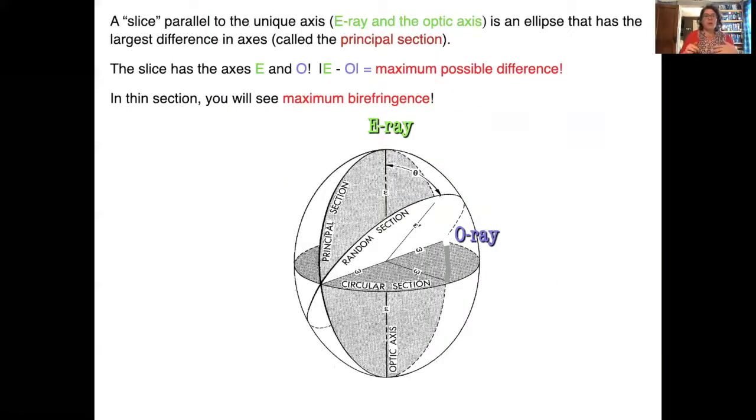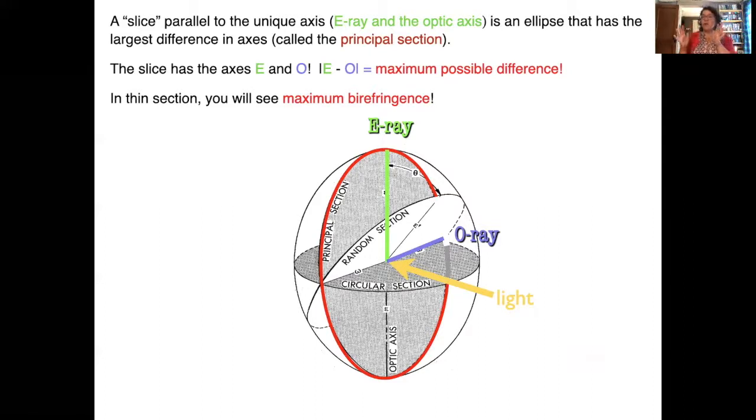Okay, a slice parallel to the unique axis, meaning light is traveling from right to left in this image, will see the O ray and the E ray, and you will see the principal section.